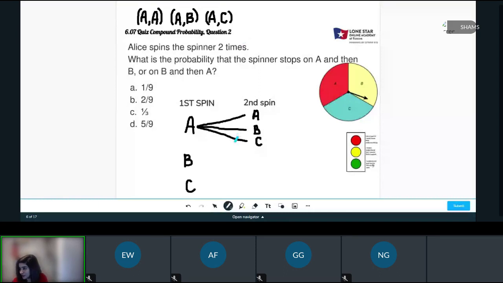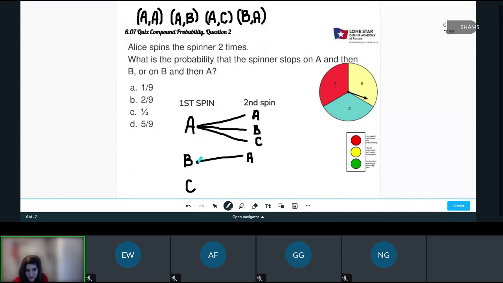Remember, there will be branches coming out of B and C similar to those. So possibilities will be either first spin lands on B, second spin lands on A. First spin on B, second one on A. These are 2 spins.